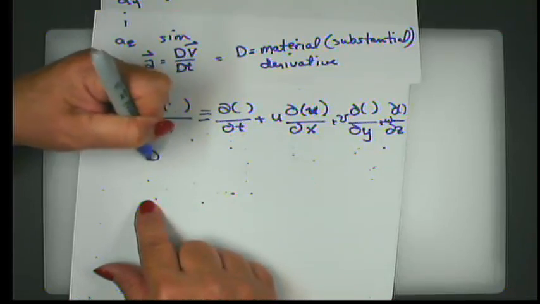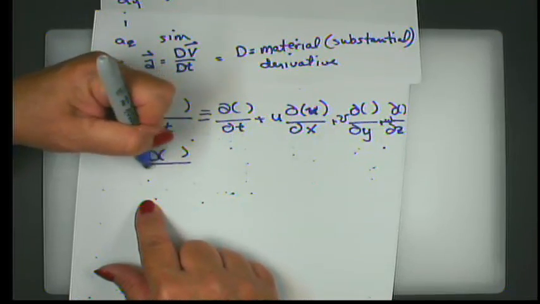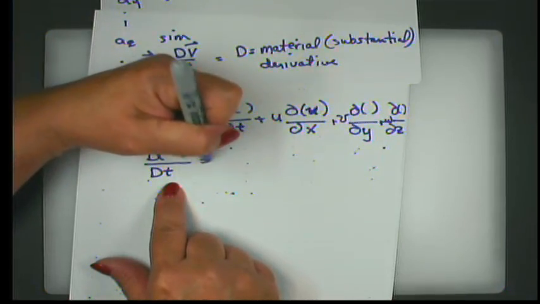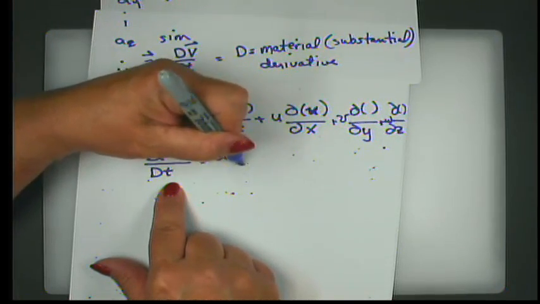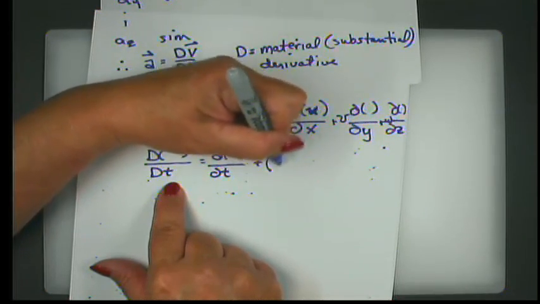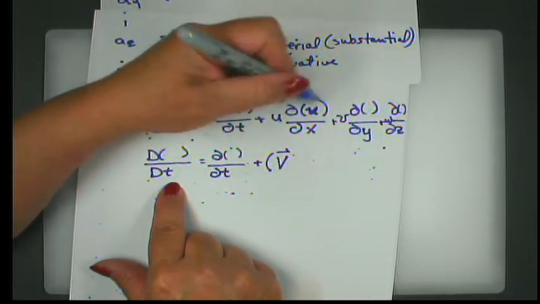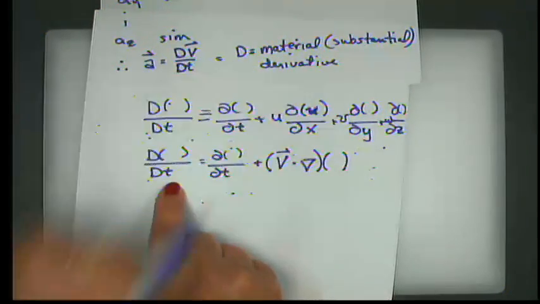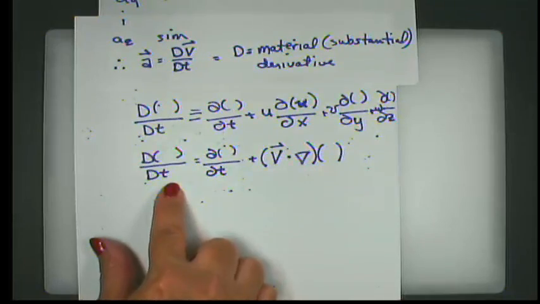So we can further say that the substantial derivative of that function with respect to time is equal to the partial with respect to time plus the dot product of the velocity and the gradient of whatever that function is.